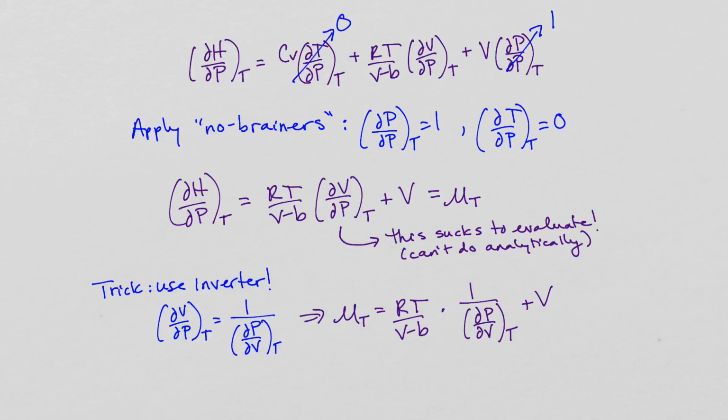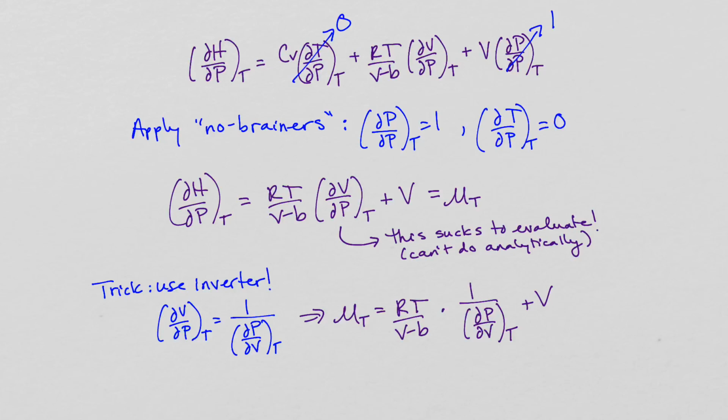Again, the whole point of that inverter is this quantity is difficult to evaluate. We use the inverter here to give ourselves an expression that's easier to work with. So you'll continue on going through this sort of proof on your homework.